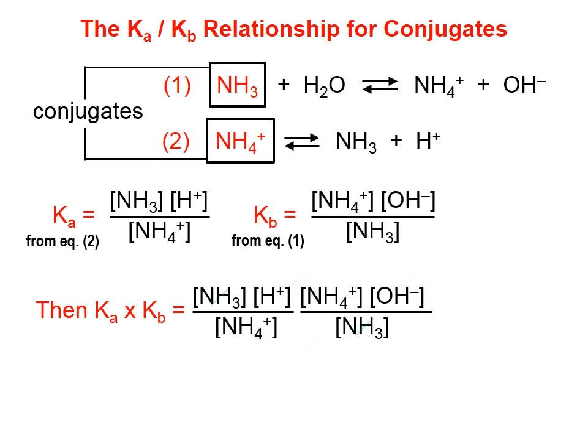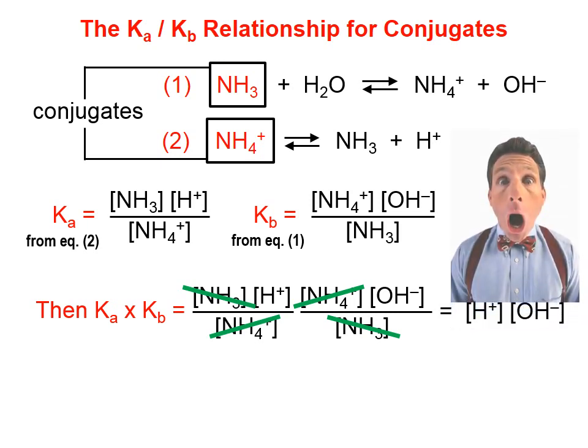Now we can simplify this a little, because I see we have the ammonia concentration in both numerator and denominator, and we have the ammonium ion concentration in both numerator and denominator, which means Ka times Kb simplifies to be hydrogen ion times hydroxide ion concentrations.